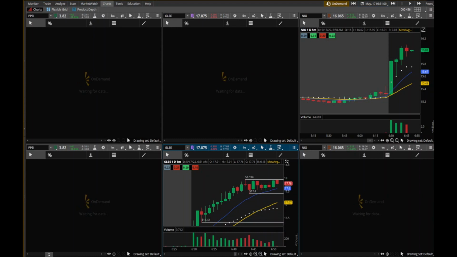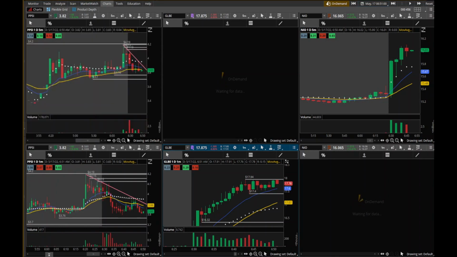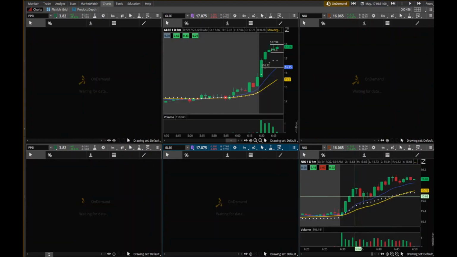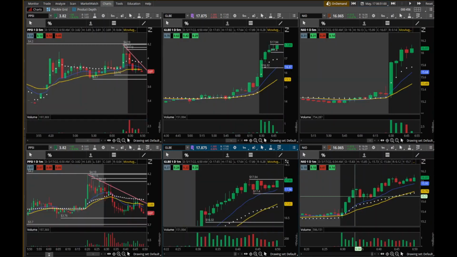And of course, I'm going to have to set the time on all the other computers. Ooh, taking a while to load. Okay, and now I'll push play.